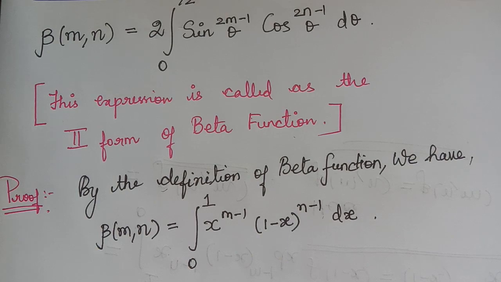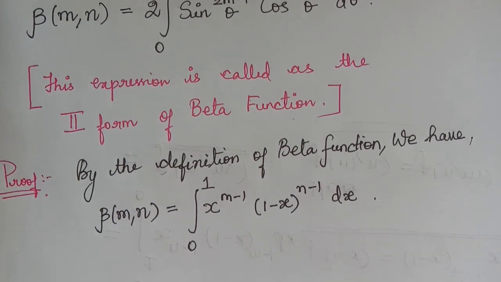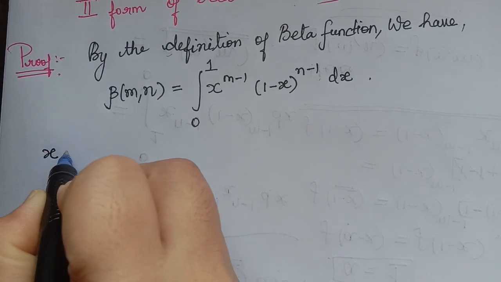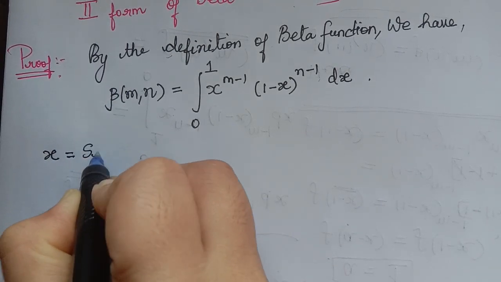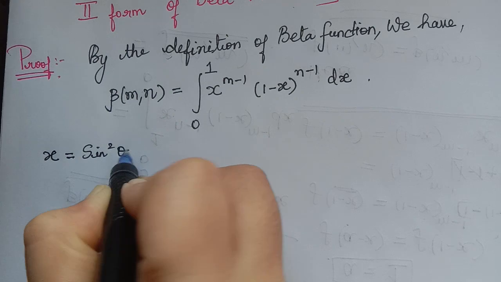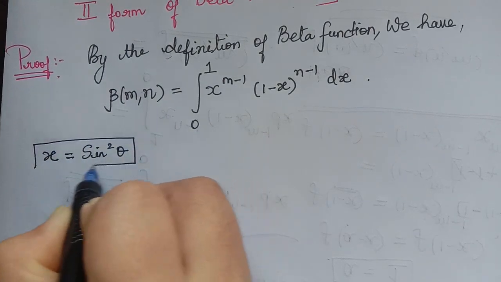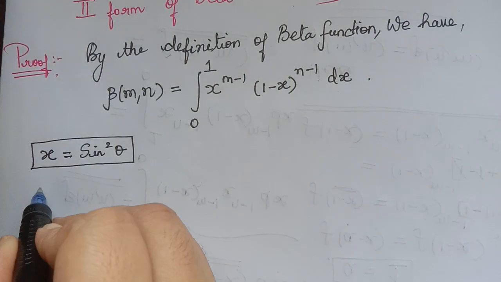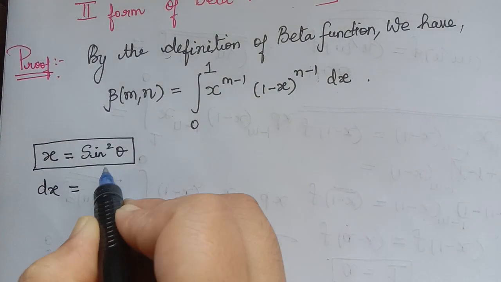Now in this integral, we are going to make a substitution. That is, we are going to substitute x is equal to sine squared theta. So if we make this substitution, what will be dx? So dx will be equal to the differentiation of this.